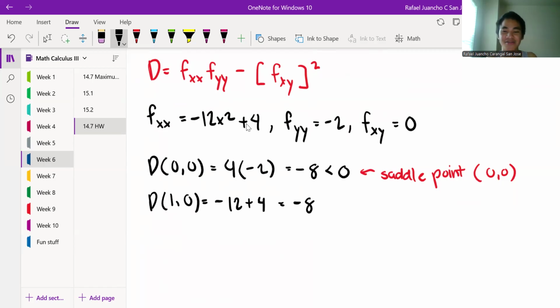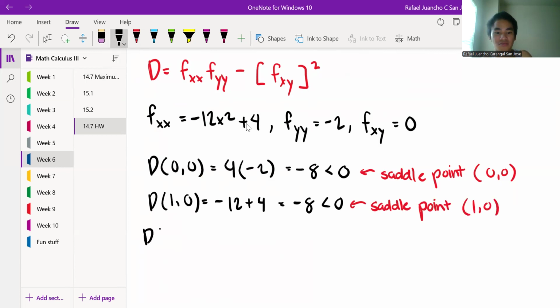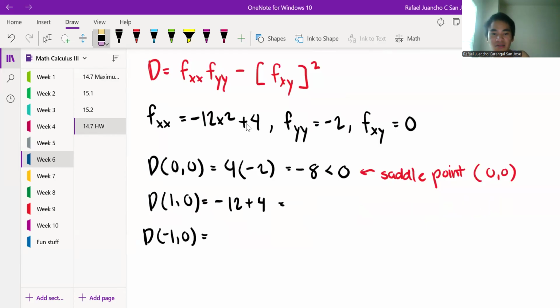See, that's what calculus students are for. Oh, look at that, another saddle point. So these two are saddle points. What else? My negative 1. Well, here, oh, my bad. This is not a saddle point. It's this.